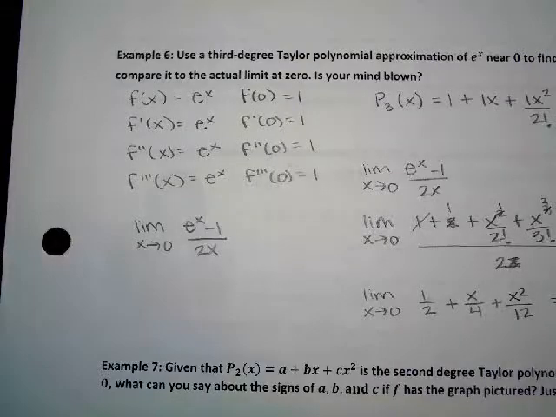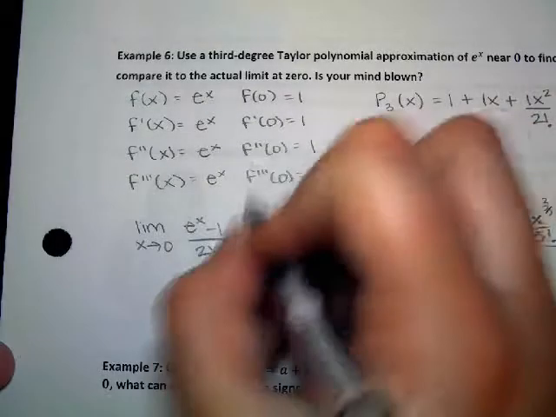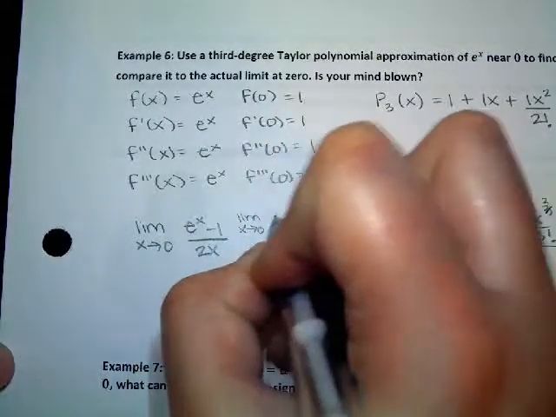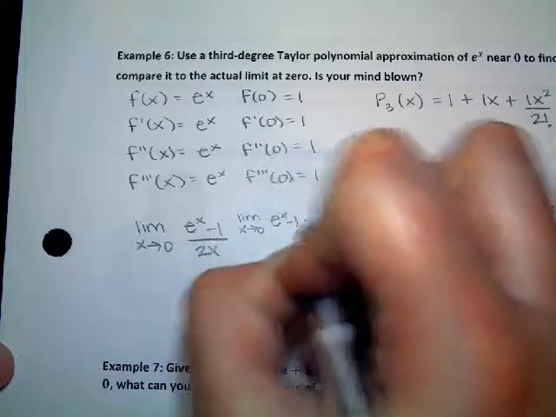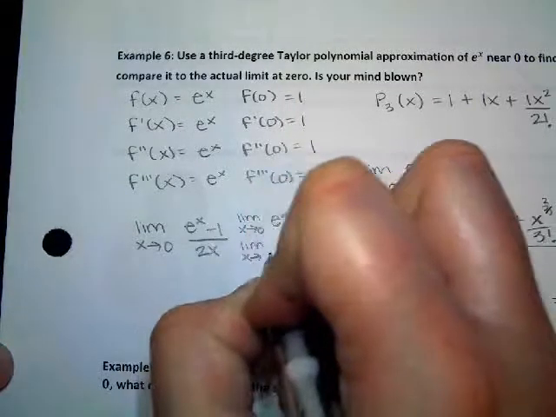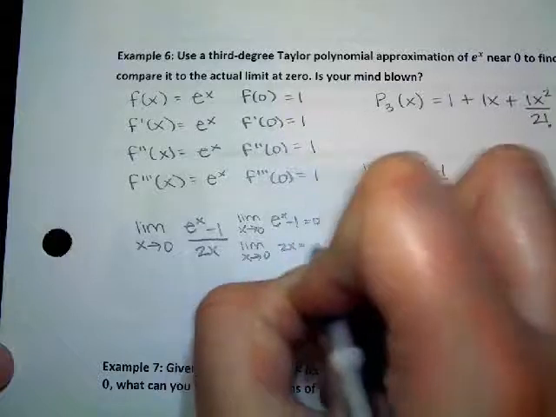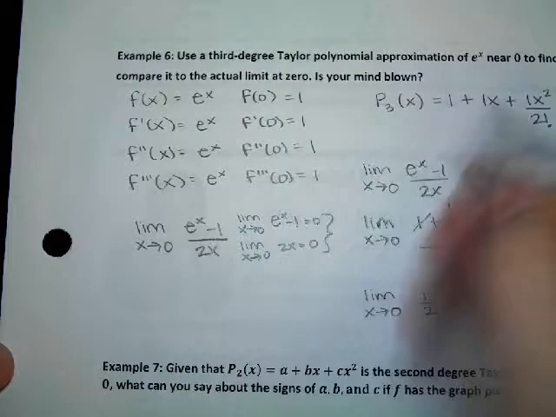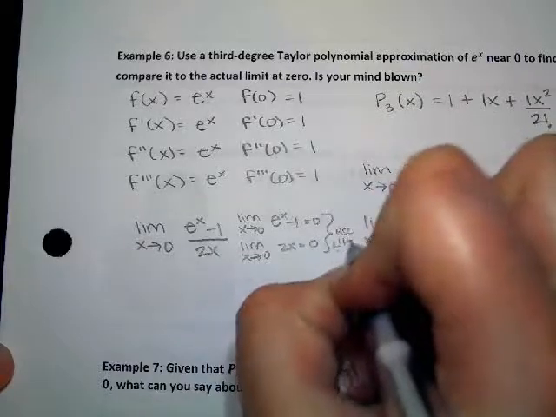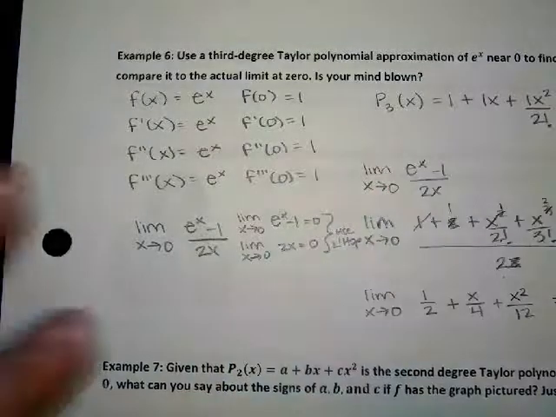Does everyone see that? And so if we did that, we would have said, okay, L'Hopital's. So I'm going to show my work, because I always got to do a good job of that. So the limit as x approaches 0 of e to the x minus 1 is 0. The limit as x approaches 0 of 2x equals 0. And so that tells me to use, I'm going to write LHOP because I don't have a lot of space.